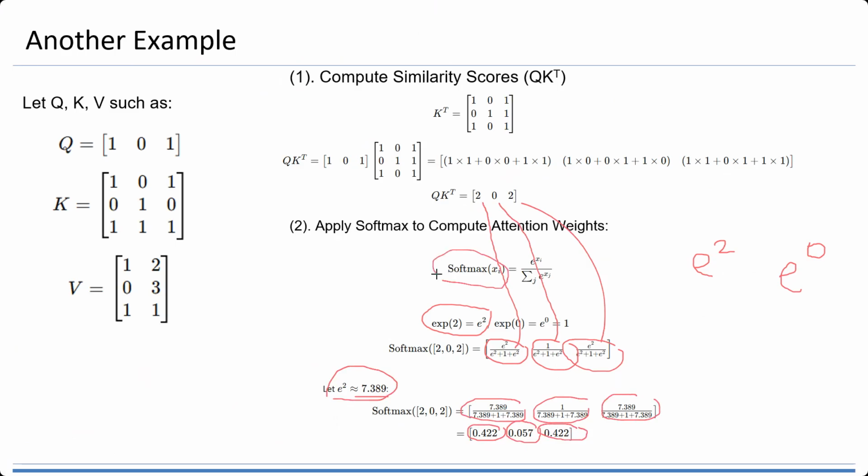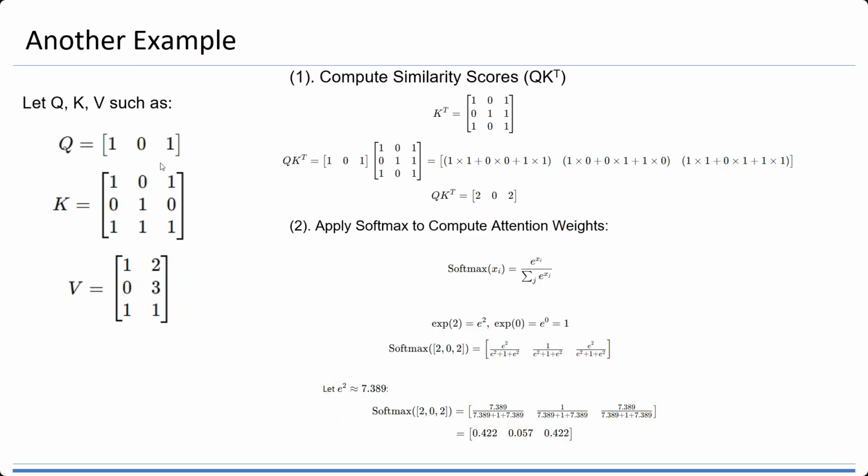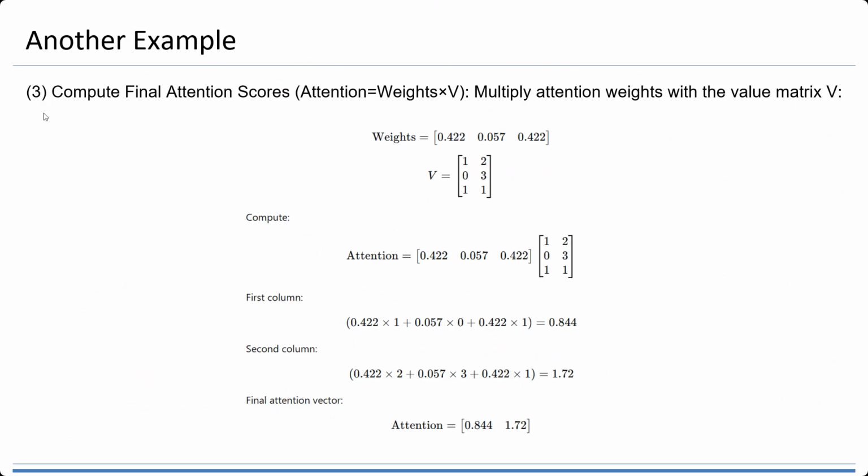After we have the softmax value, what we will do next is to multiply with V. So the multiplication with V means we have this value and we multiply with V. So the attention will be this one multiplied with V. So the first column will be 0.42 multiplied by 1, multiplied by 0, and then multiplied by 1.